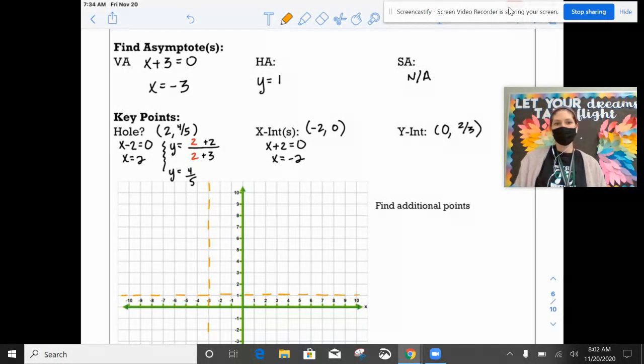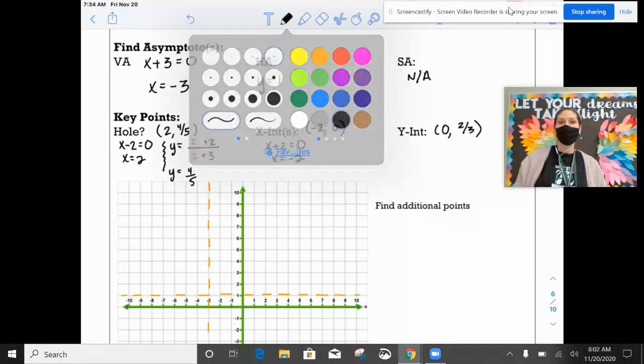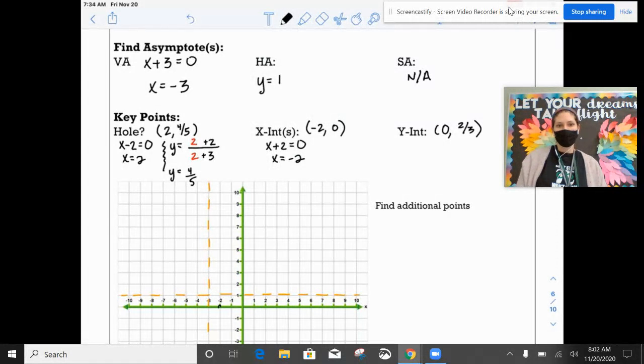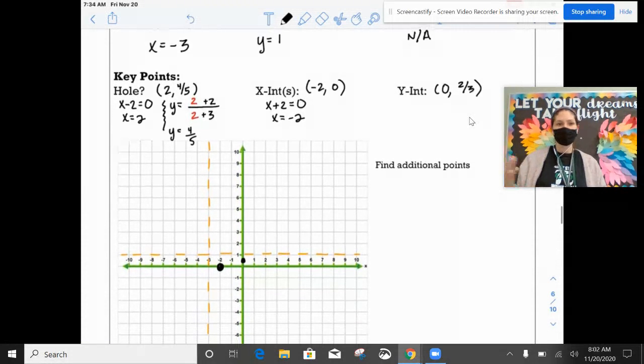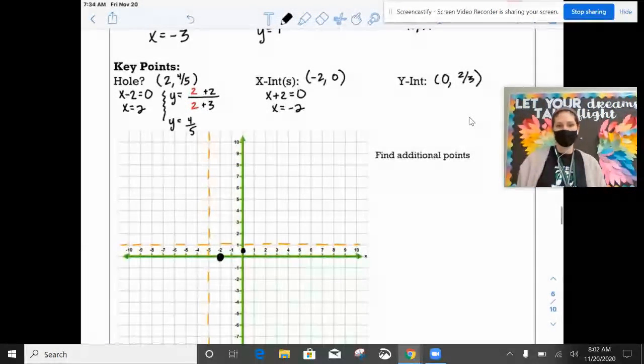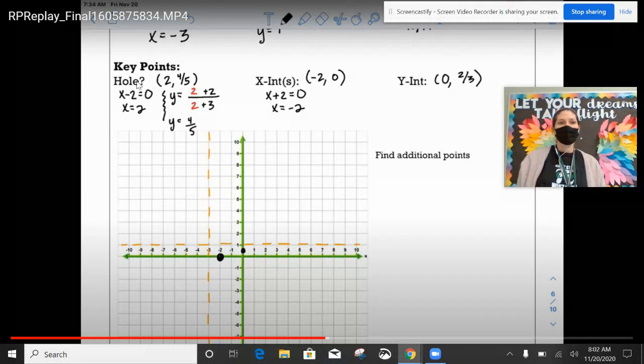And now I do have some points that I can plot. I've got my x-intercept, so I can put that on my graph. I also have my y-intercept. And now if the coordinates that you're graphing are fractions, just approximate where they're going to fall. You also have this hole, so when you graph that, you do an open circle.